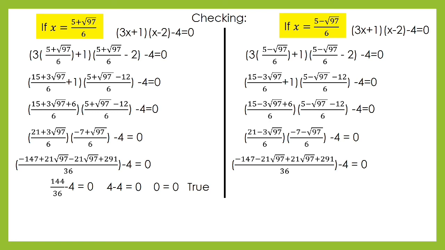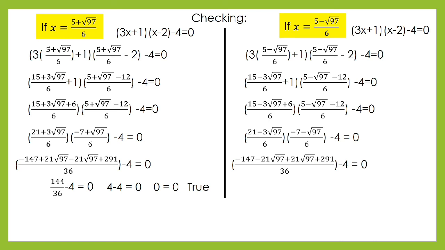Outer, 21 times negative square root of 97 is negative 21 square root of 97. Inner, negative 3 square root of 97 times negative 7 is positive 21 square root of 97. And last terms, negative 3 square root of 97 times negative square root of 97 is positive.